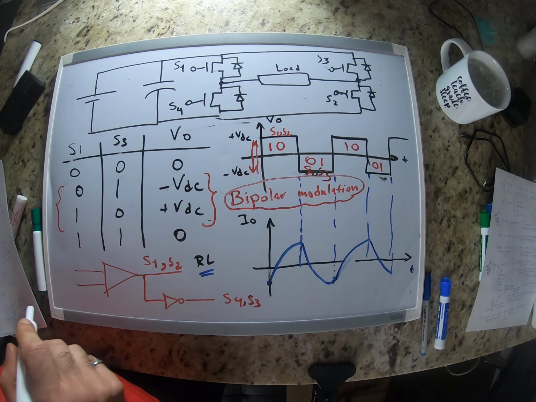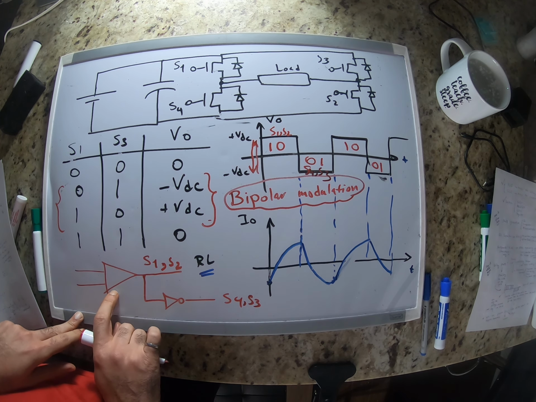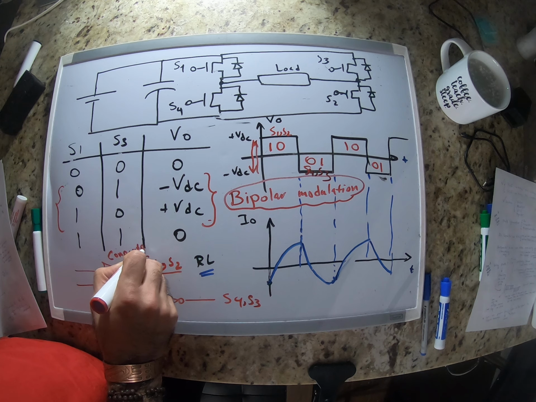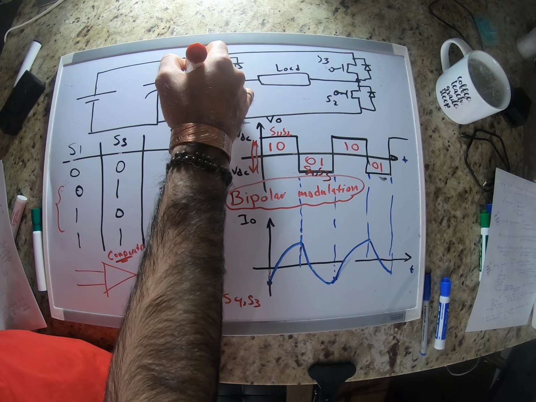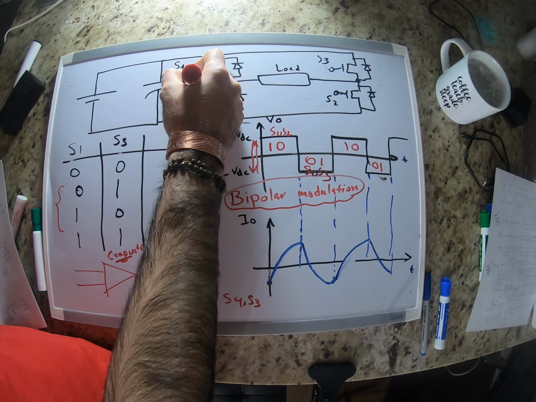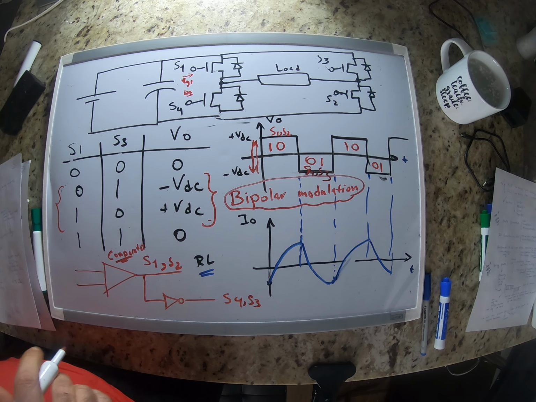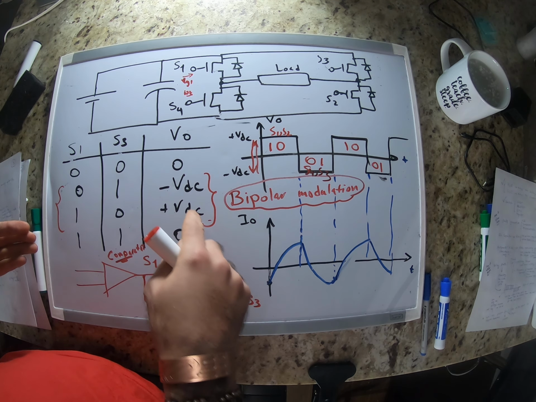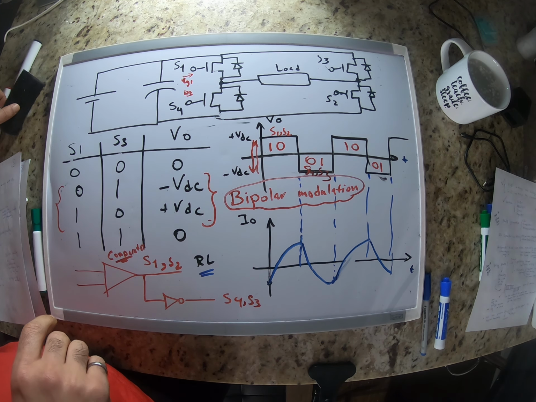Okay, so this is basically what we do, and I'm going to talk about the comparator that you've seen before, and how we create these gating signals or gating voltages. So that's about bipolar modulation, right? We only go between negative VDC to positive VDC and then back to negative VDC, and this would continue.